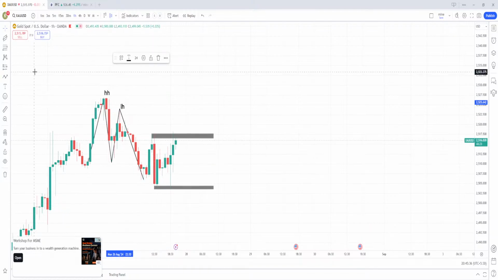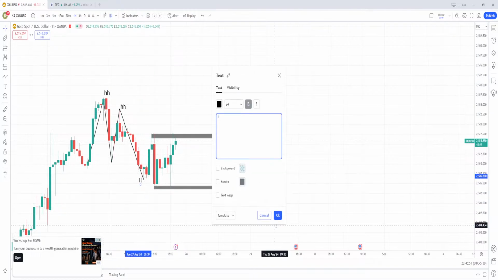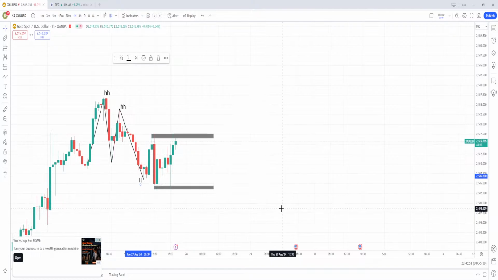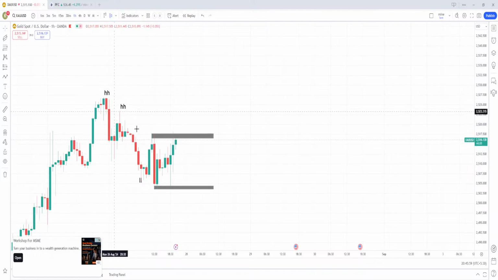This is the lower low. So the market structure here shifted from uptrend to downtrend. Again we got a strong supply zone and demand zone here.